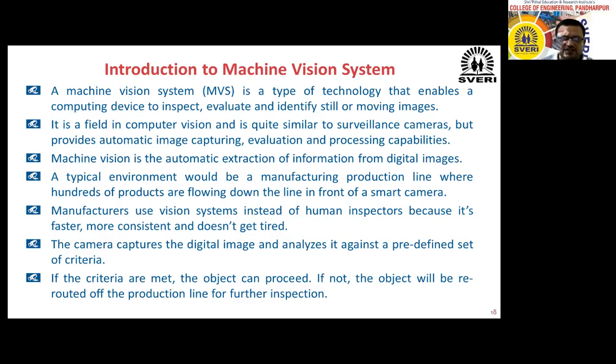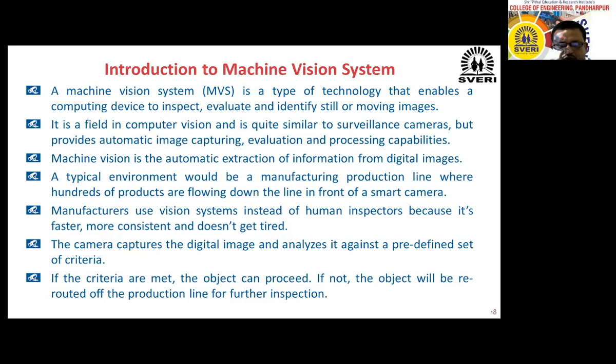A machine vision system is a type of technology that enables a computing device to inspect, evaluate, and identify still or moving images. It is a field in computer vision and is quite similar to surveillance cameras, but provides automatic image capturing, evaluation, and processing capabilities.